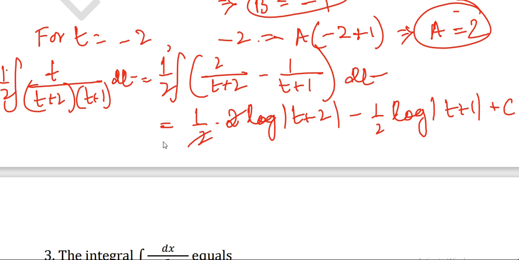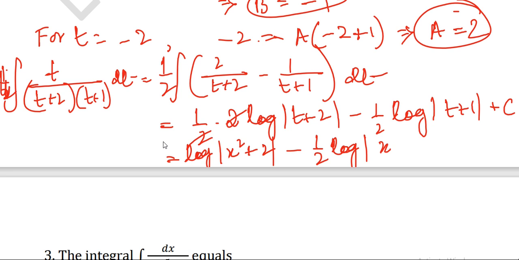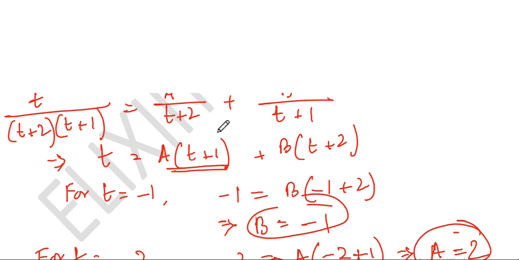So now 2 gets cancelled. We have log of x square plus 2 minus half log of mod of x square plus 1 plus c. That's the answer.